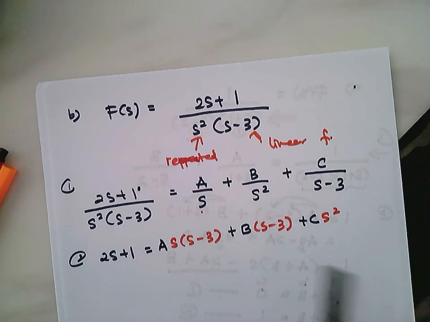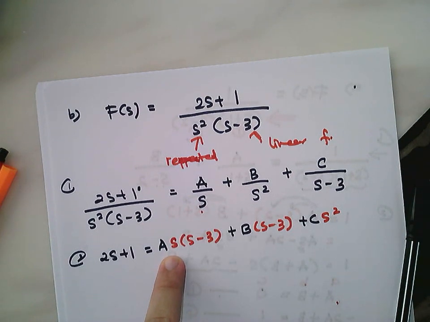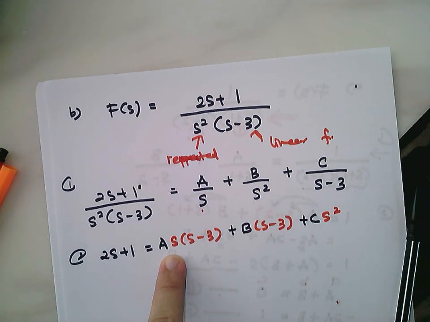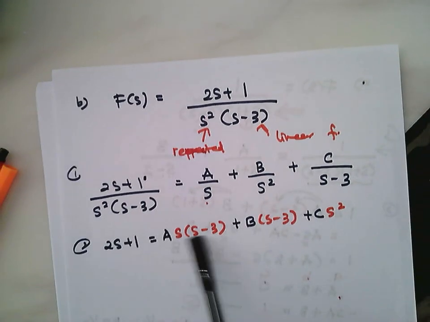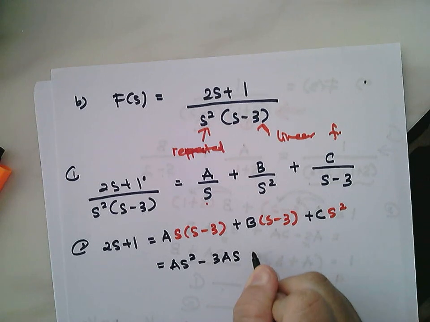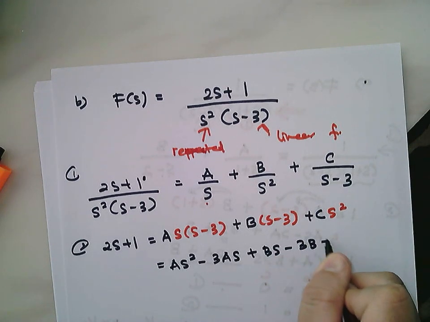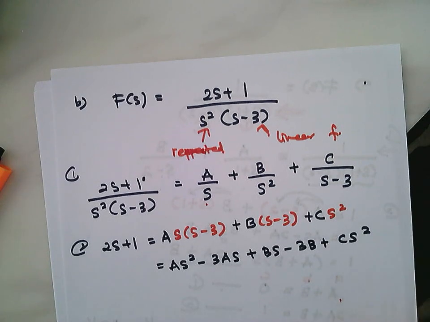That's why I teach you to compare what term is missing, then multiply by that term or function. The next step is to expand the whole function here. So you will have as squared minus 3as plus bs minus 3b plus cs squared.